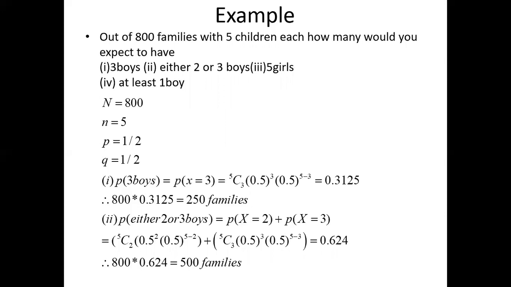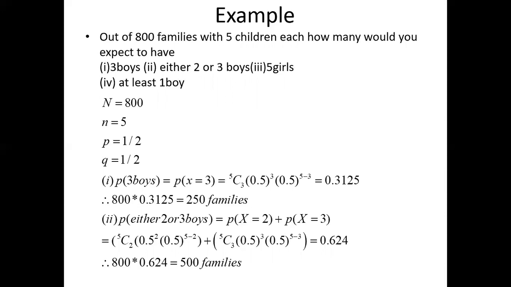In each family, 5 children are there, so small n equals 5. I'm assuming the probability of girls and boys are both equal, so p equals 1 by 2 and q equals 1 by 2.